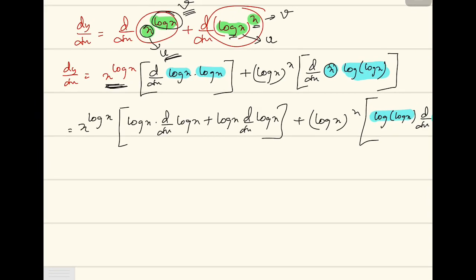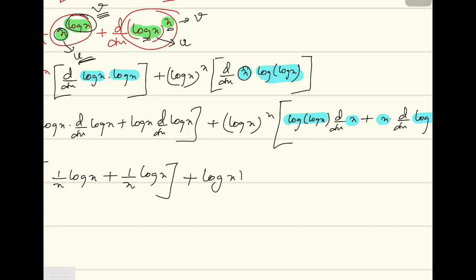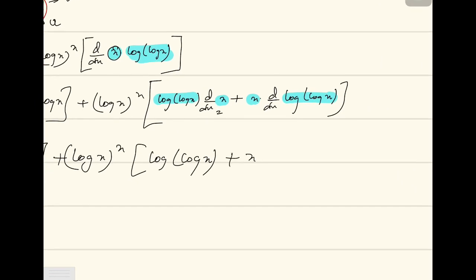Now let's differentiate. It will be x to the power log x and 1 by x log x here, as well as here 1 by x log x. So plus log x to the power x, and what happens here? This will be log x, because d/dx of x is 1, plus x. What is d/dx of log x? First imagine this is x, so it will be 1 by log x. I will do the outside log first and then the inside.